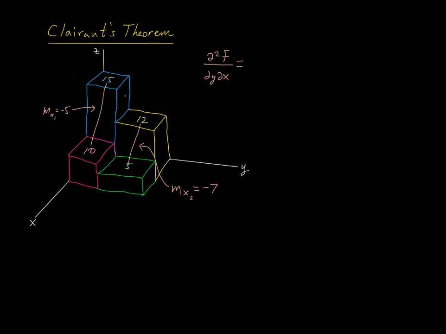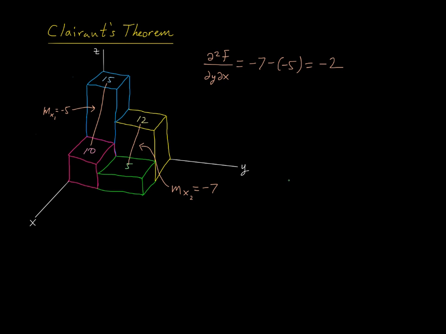I'm starting off with an x slope of -5, and then my x slope one step over is -7. So for this mixed partial, it's going to take the difference in these slopes. So this would be -7 minus -5, and that's going to come out to be -2.